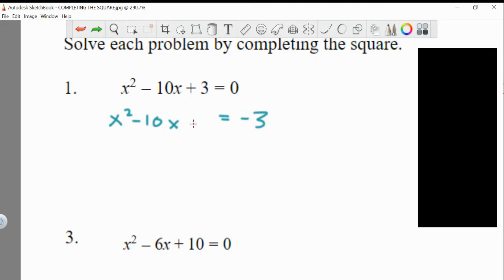It has to be specifically only one number, and that would be half of this number, which is -5. And then it would have to be that number squared, which would go up here. And so we're going to have to add 25 on the left side.